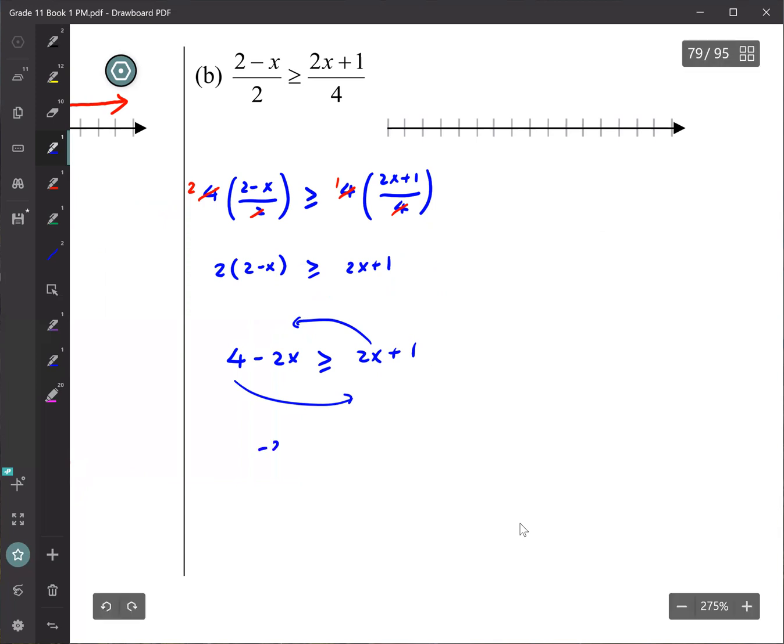Negative 2x minus 2x is more than or equal to 1 minus 4. Okay, very good. And then after this, Chris? Negative 4x greater than or equal to negative 3. Okay, very good.